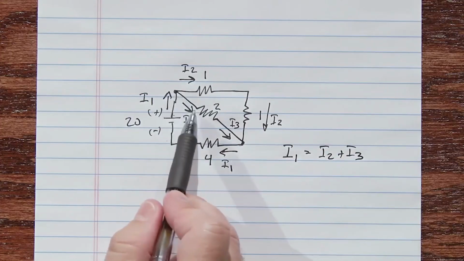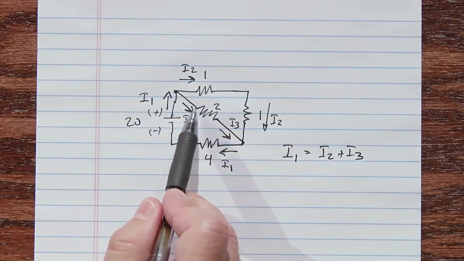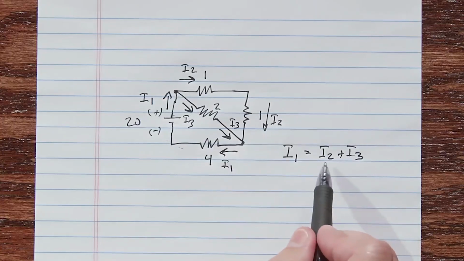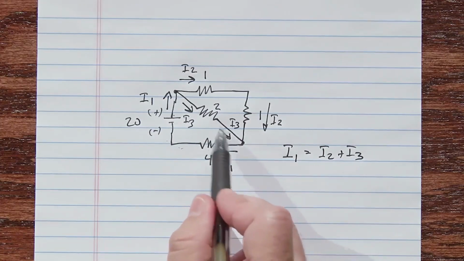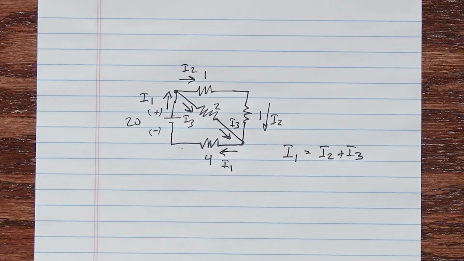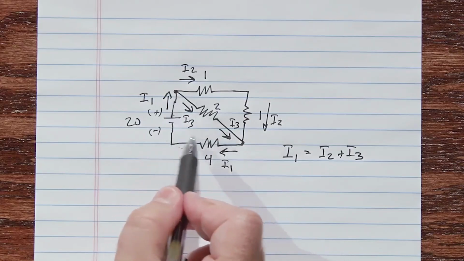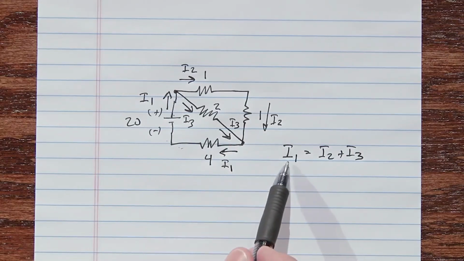I1 branches off, either goes this way or this way. And now when they come together, we have I2 plus I3 equal I1. So I2 and I3 come together and give us I1 again. So there are 2 ways that we know that: one is that this branch of the circuit has only one current in it, and the other is our equation.